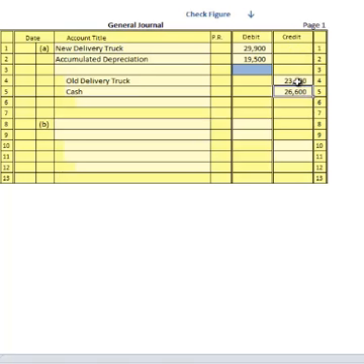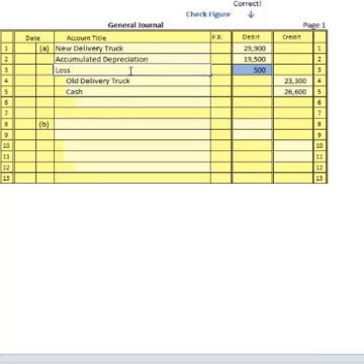If I come down and add my two credits together, I get $49,900. So the credits are $500 higher than the debits. So that means I need a $500 debit in order to make this journal entry balance. So that's telling me that I have a $500 loss on this trade-in.